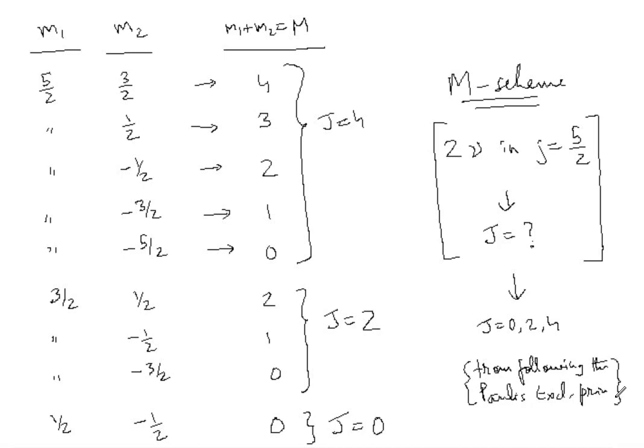And again, Pauli's exclusion principle guarantees antisymmetric states for two fermions, right? Neutrons are fermions. Thus, it follows that J is equal to 0, 2, 4 states. From these two things, it follows that this J is equal to 0, 2, 4. These states are antisymmetric.